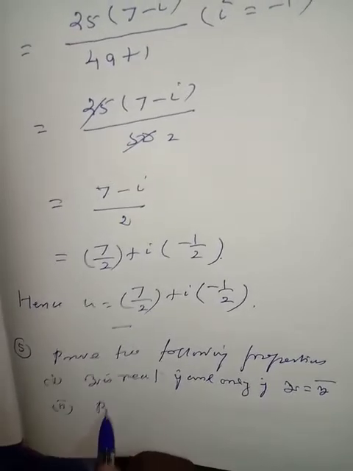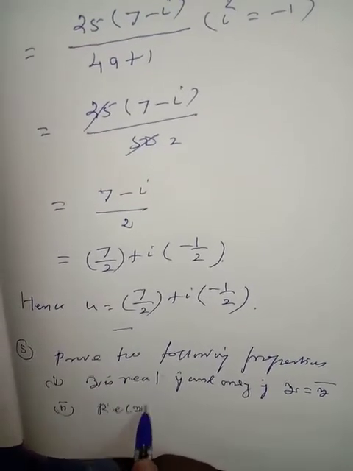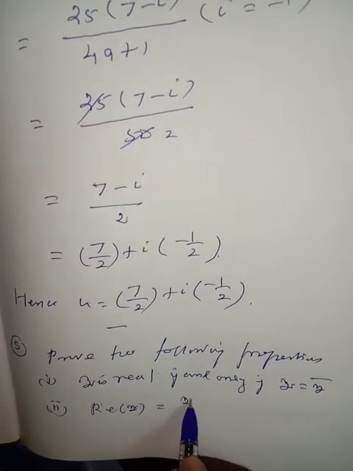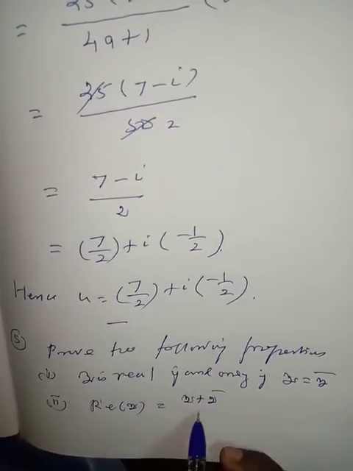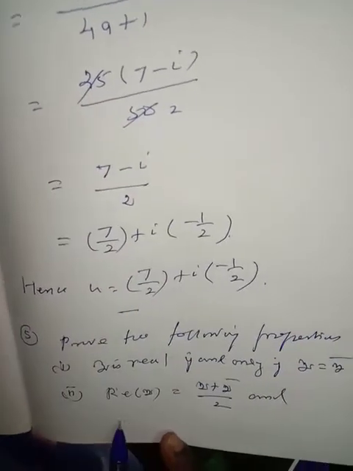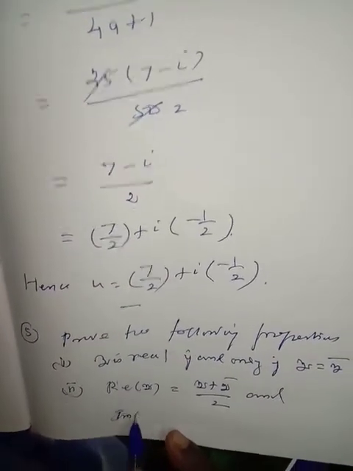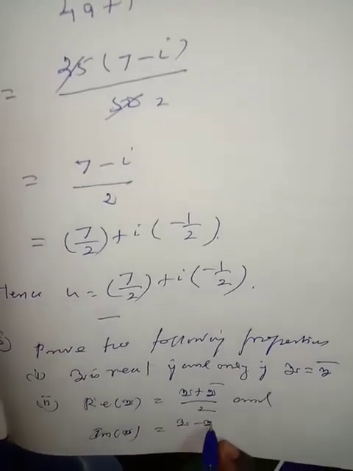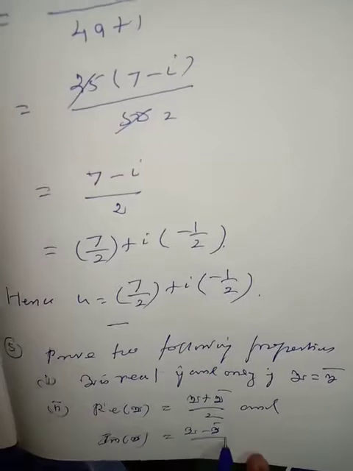real part of z is equal to z plus z bar divided by 2, and imaginary part of z is equal to z minus z bar divided by 2i.